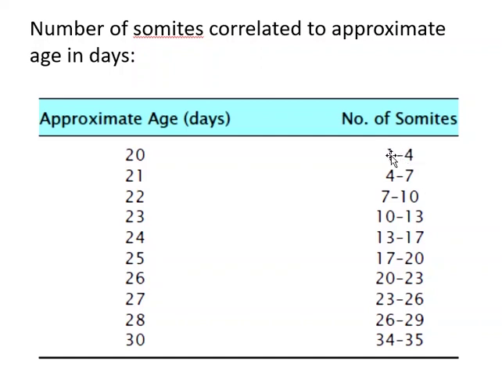So 1 to 4 somites correspond to 20 days, 21 days corresponds to 4 to 7 somites, 22 days corresponds to 7 to 10 somites, 23 days around 10 to 13 somites, 24th day 13 to 17 somites, 25th day 17 to 20 somites, 26th day 20 to 23 somites, 27th day around 23 to 26 somites, 28th day around 26 to 29 somites, and finally 30 days around 34 to 35 somites.